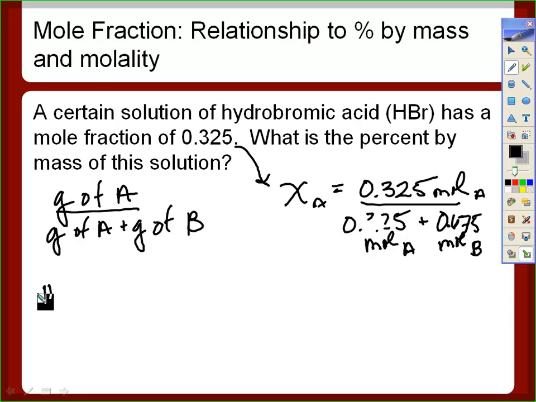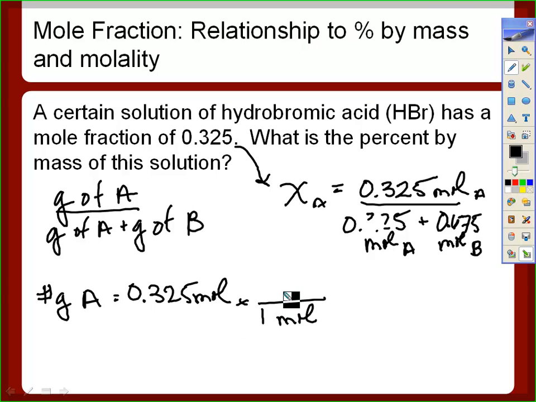So my number of grams of A is my 0.325 moles of A, and A is hydrobromic acid, which is HBr. So in 1 mole of HBr, I have, what's Br? Br is 79.9 plus my hydrogen, of course.